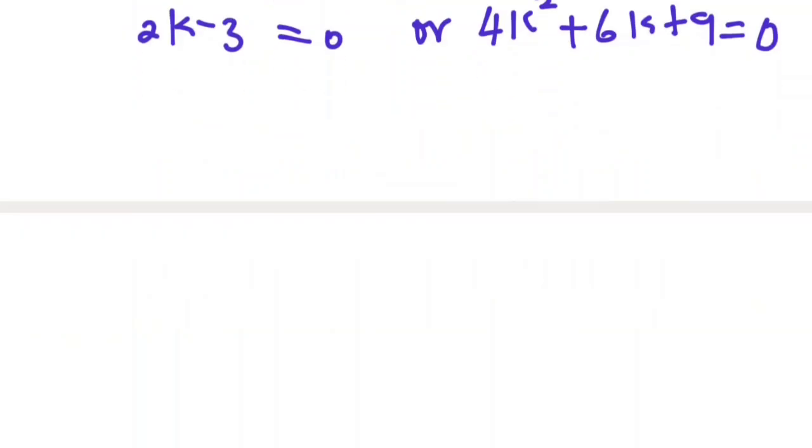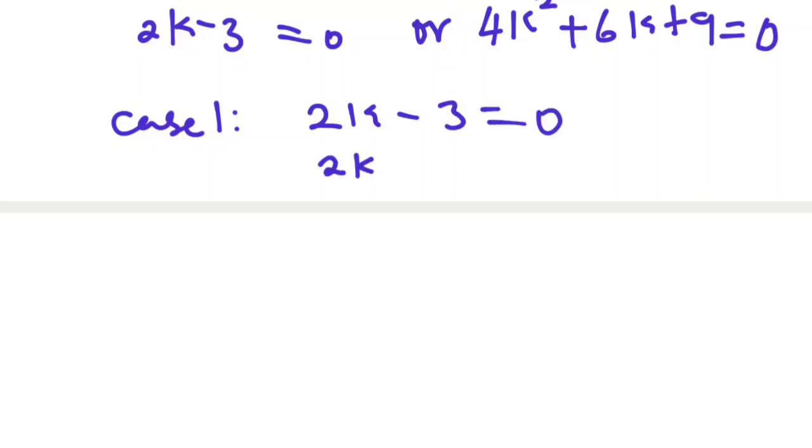So now for case 1, which is 2k minus 3 equals 0, I can have 2k equals 3, then k is going to be 3 by 2. So we have the first solution to be 3 over 2.